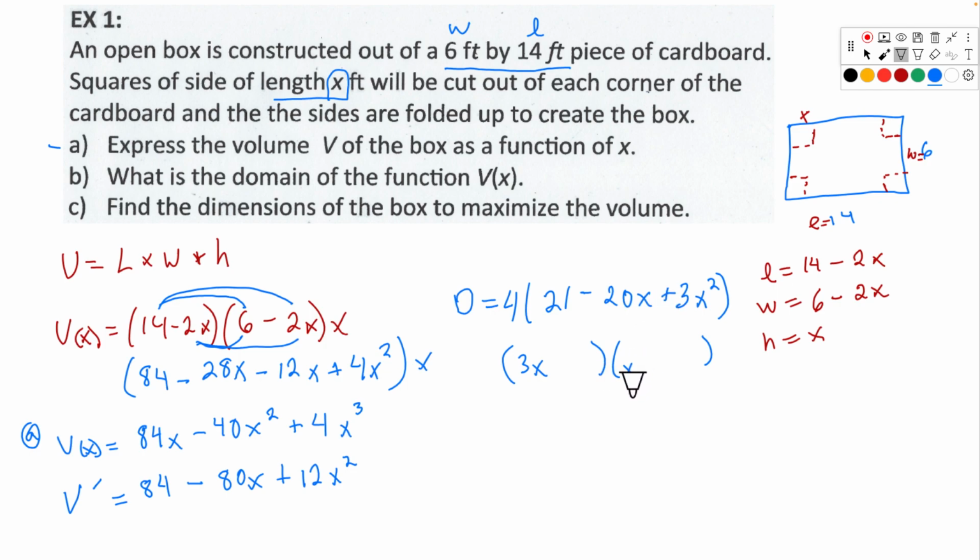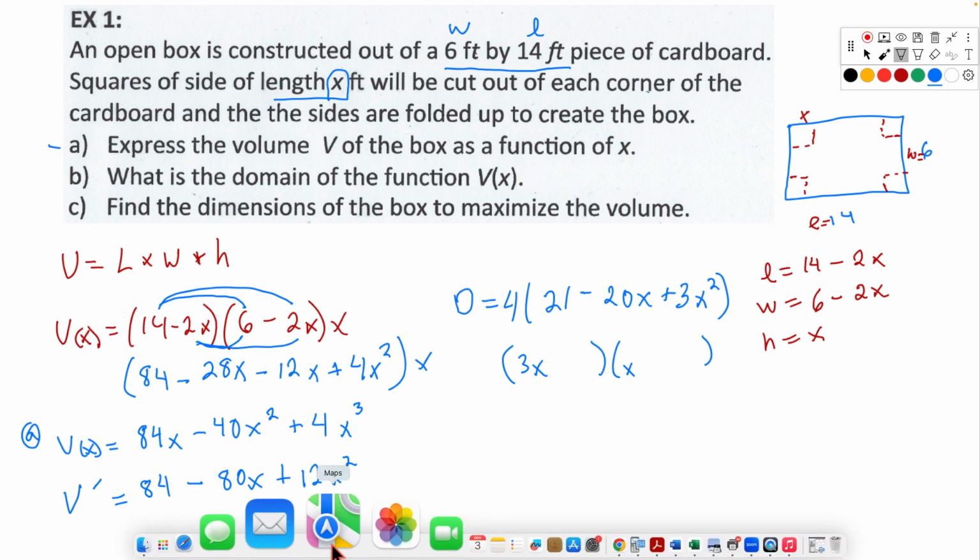Does this factor? Maybe not. I don't think this is going to factor very well. So then that means we've got to use the quadratic formula. Oh, that's ugly. Well, if we've got to use the quadratic formula, that's algebra. I think it's okay to use a graphing calculator. So let's come back here.